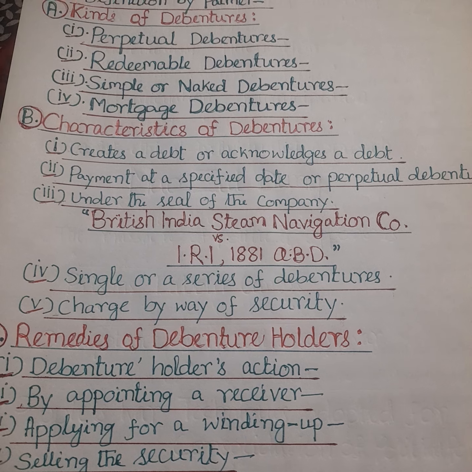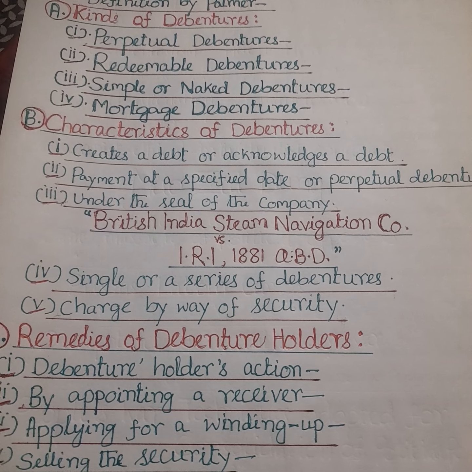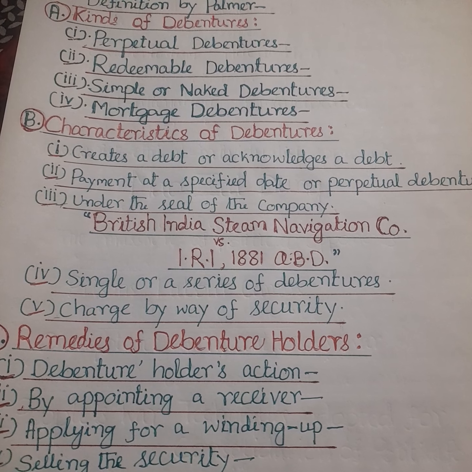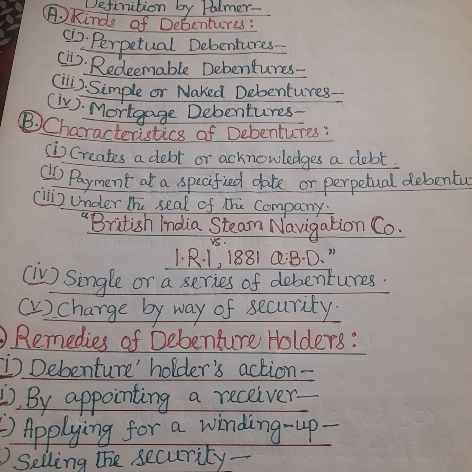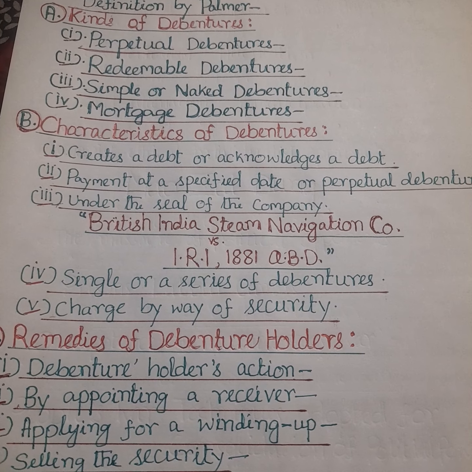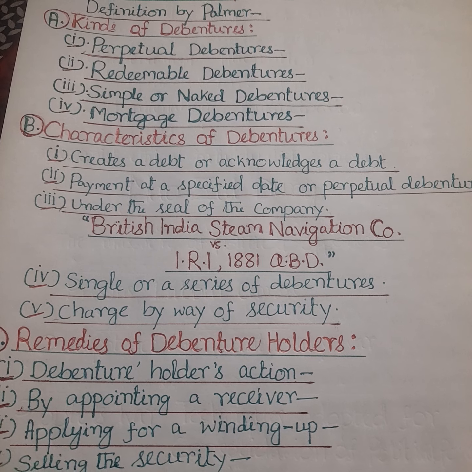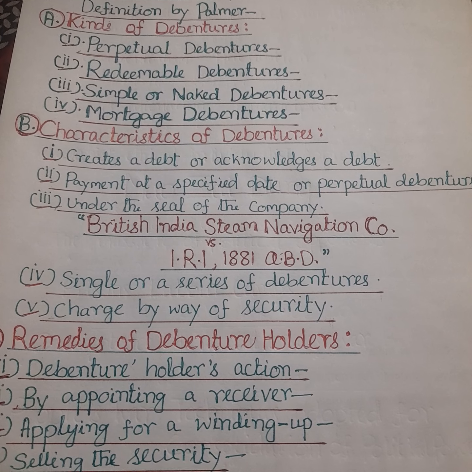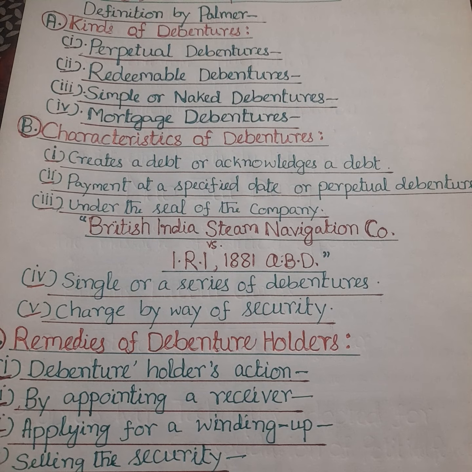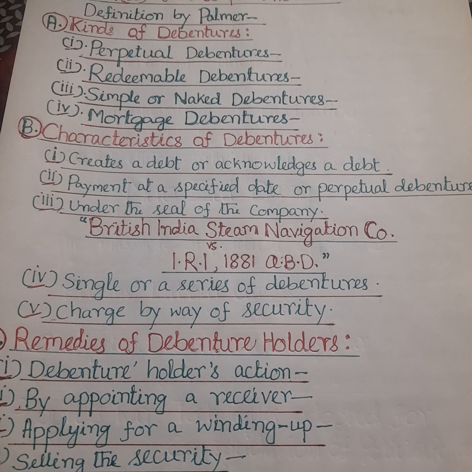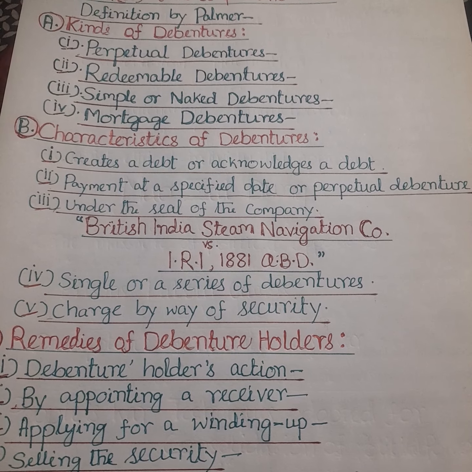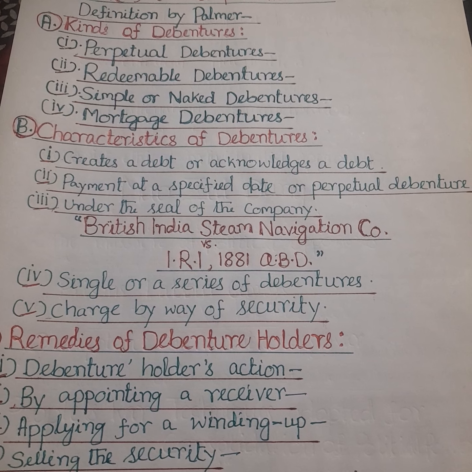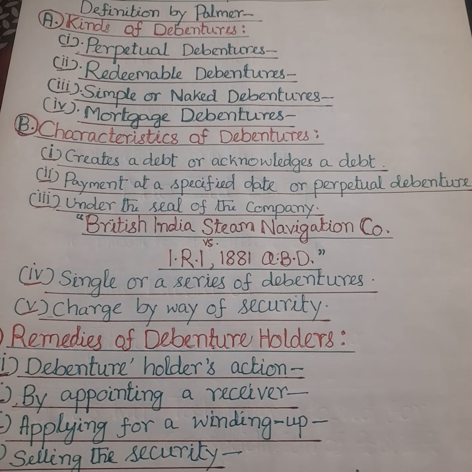The second characteristic is that a document which usually provides for the payment of a specified principal sum at a specified date would be considered a debenture, but the company may issue perpetual debentures with no specified date to pay.